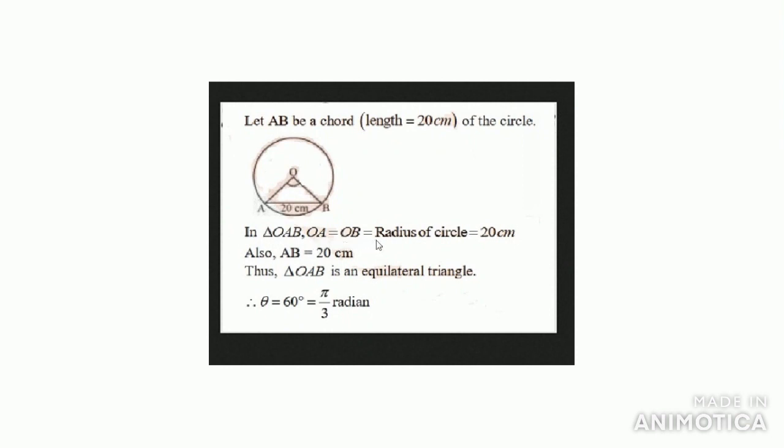AB is 20 centimeter, OA is 20 centimeter, OB is 20 centimeter, and this triangle is an equilateral triangle. All the three angles are equal, and hence in an equilateral triangle all angles are equal to 60 degree, and hence we will have the value of theta which is equal to 60 degree.